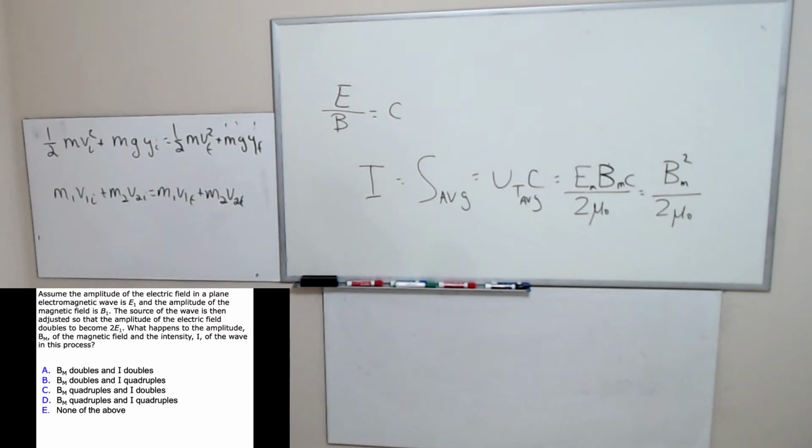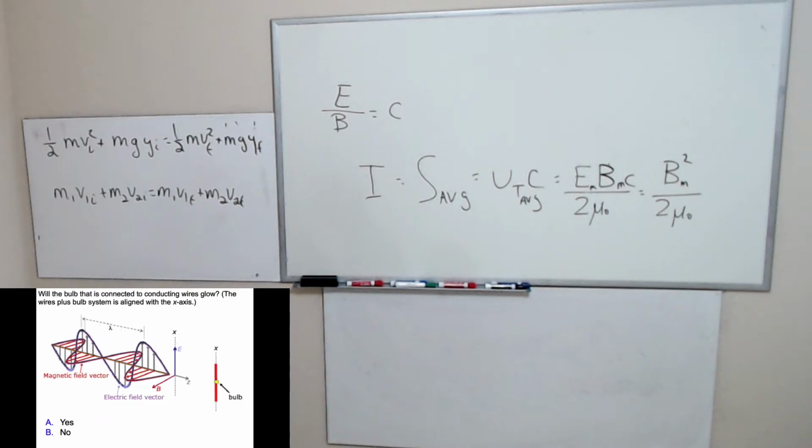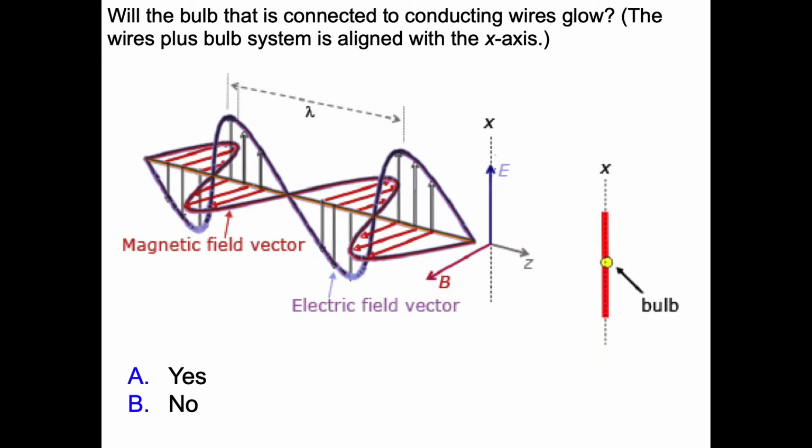Okay. So let me ask you another question, because I have 3 more. These should go quick because there's only 2 responses. So you have a wire with a bulb attached to it, and you have a large electromagnetic wave approaching the wire. The question is, when the wave interacts with the wire, will it cause the light bulb to go on?